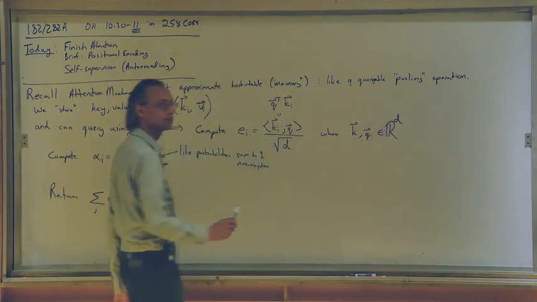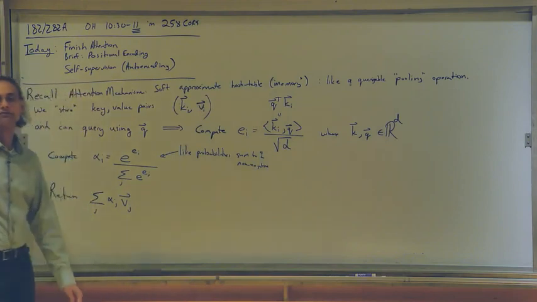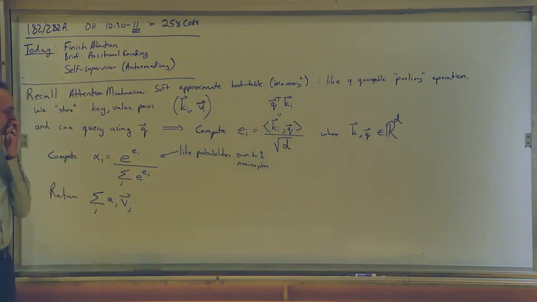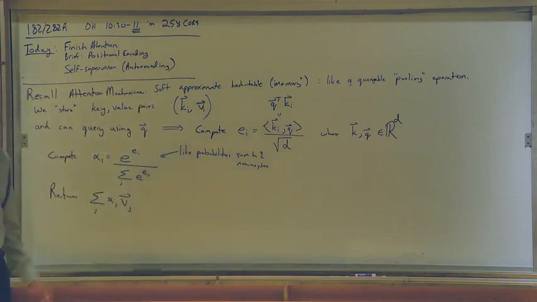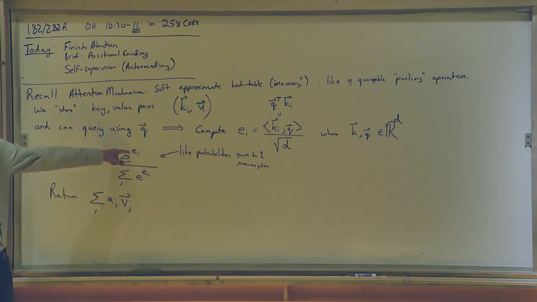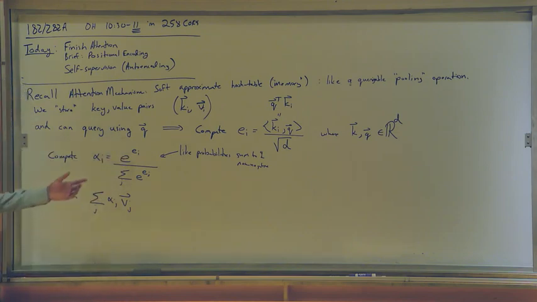The reason we do square root is if we did no normalization at all, then just when the dimension gets big, this inner product will get big, right? Just because you're summing up a bunch of things. When that happens, it means the scale at which the Eis operate will be very large. If the scale of the Eis is very large, it means that this alpha i will be more strongly dominated by the largest one.